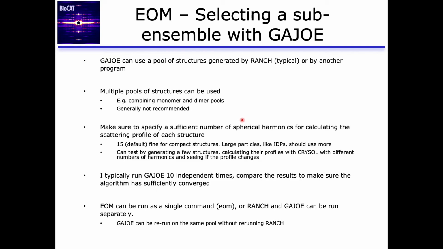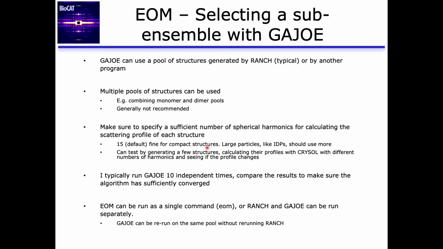The other kind of trick is you want to make sure you specify a sufficient number of spherical harmonics for calculating the scattering profile of each structure. So this is using Chrysol, which uses the spherical harmonic method. For particularly compact structures, the default of 15 is fine, but if you have large extended particles or maybe really extended IDPs, you should add in more harmonics, and you can go up to a maximum of 50.